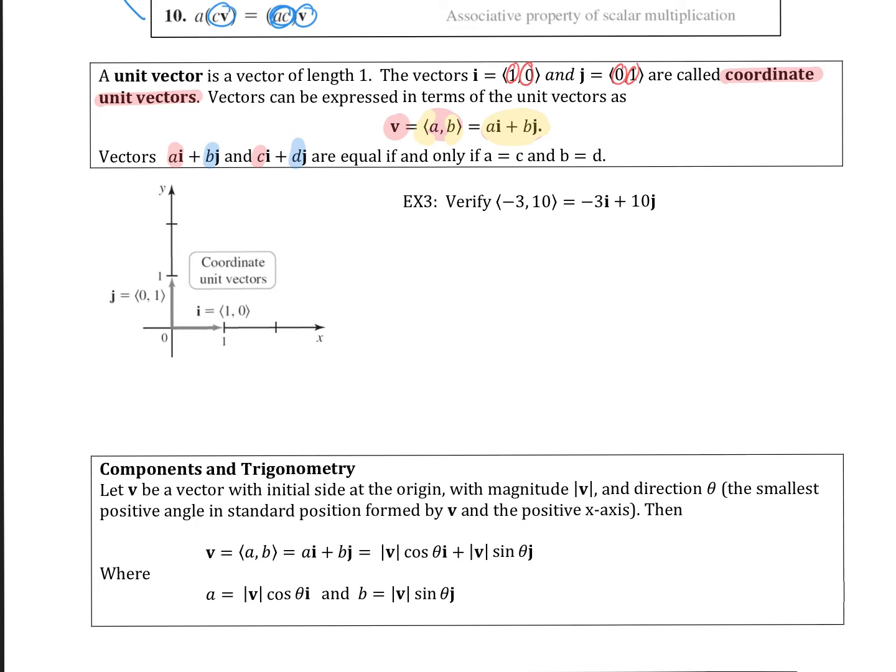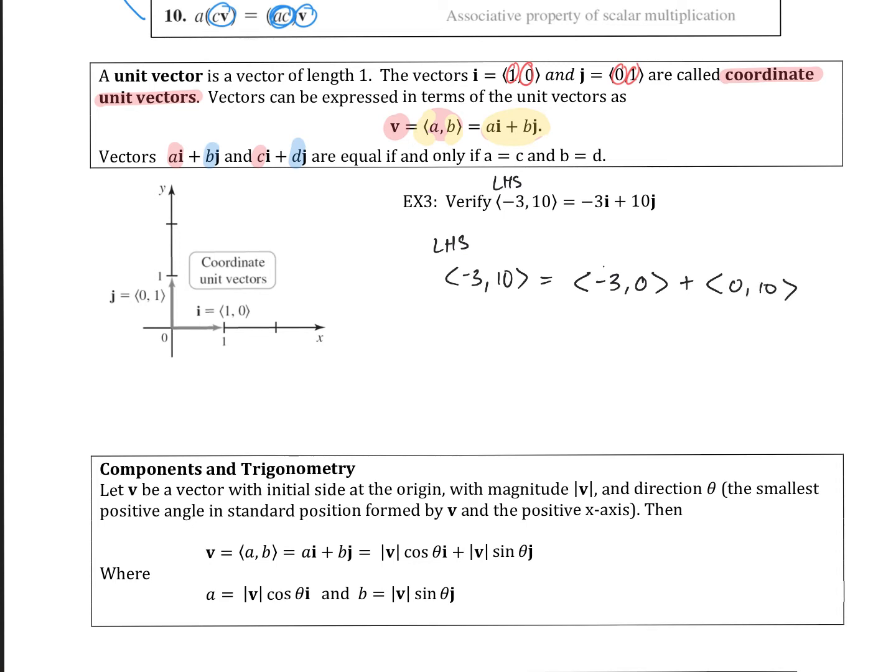All right, example 3. Verify (-3, 10) is equal to -3i plus 10j. Okay, starting with the left-hand side. We know that (-3, 10) is the same thing as (-3, 0) plus (0, 10), right?